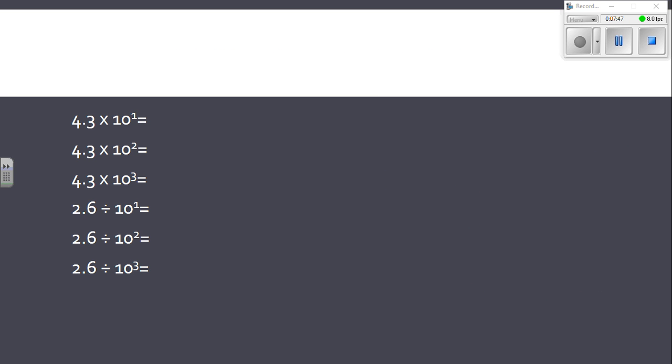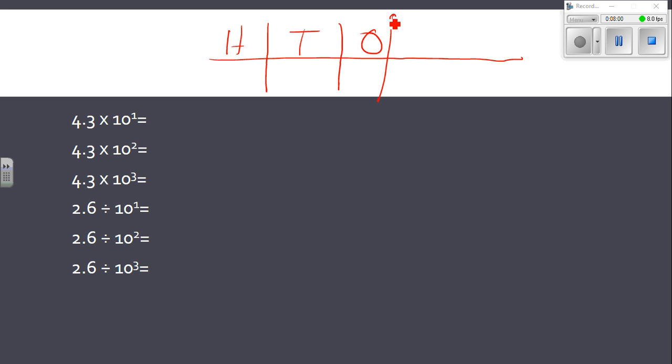So now let's see what this actually looks like in action here. So hundreds, tens, ones, decimal point, tenths, hundredths, thousandths.